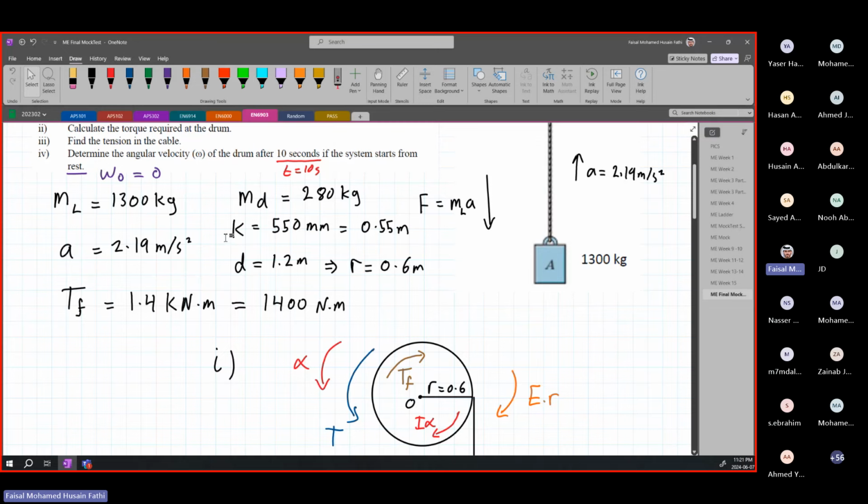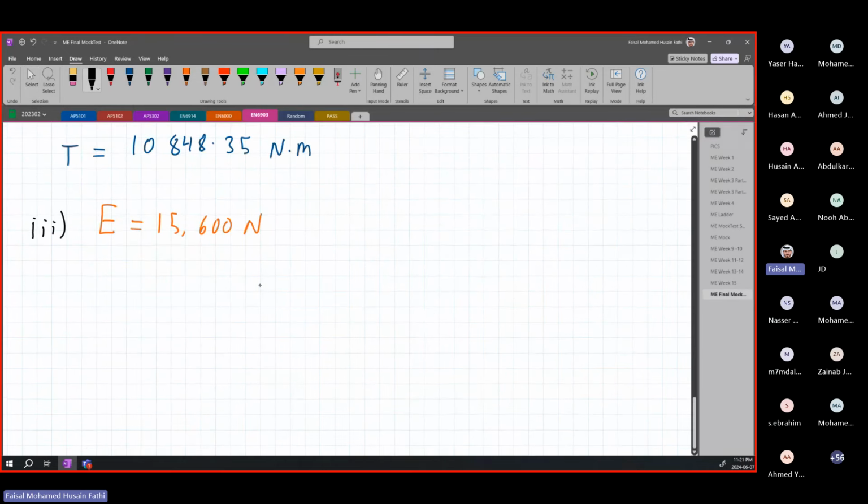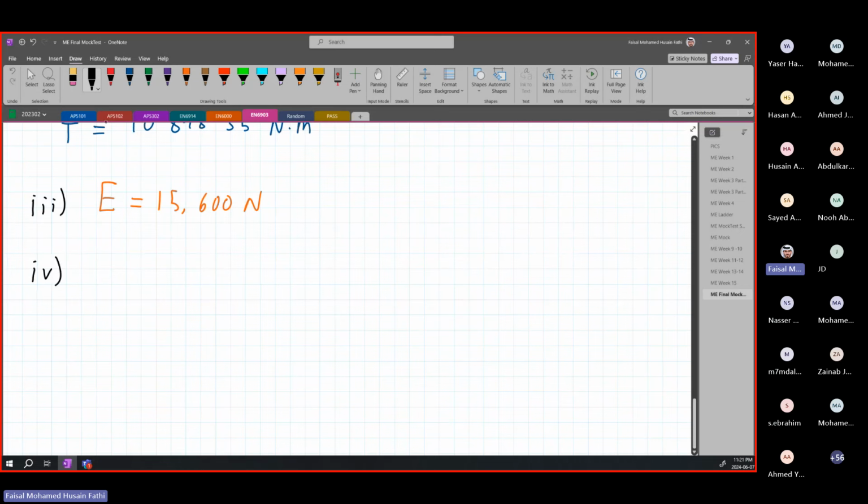It is mentioned in the question. So for part IV, we were given that t is equal to 10 seconds and omega 0 is equal to 0 radians per second, which is the initial angular velocity.